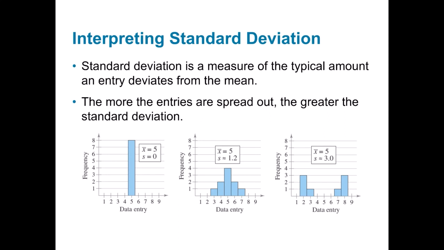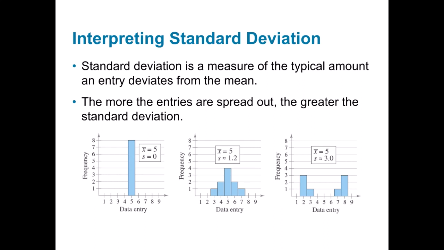So what that really means is, okay, most of my data is going to be 1.2 units on either side away from that mean. So between 3.8 and 6.2. So if we look, 3.8 is somewhere about here, right? 6.2 somewhere about here. Does that encompass most of our data? It does, right?